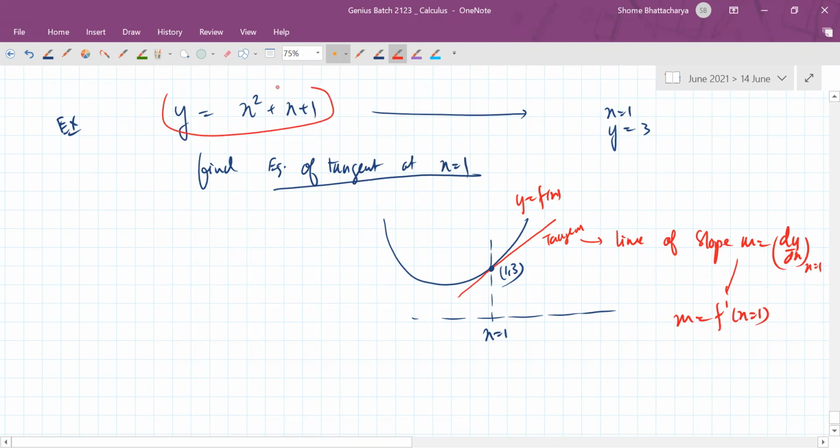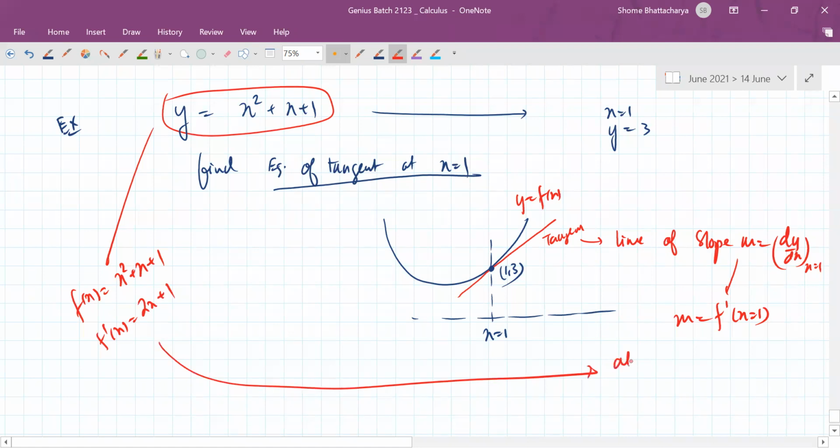So given this function, what is f prime x? We'll first find that out. So f prime x is 2x plus 1. Okay, so you can see that at x equal to 1, f prime's value is 3. Right? So the slope of the tangent will be equal to 3 and it passes through the point (1, 3).